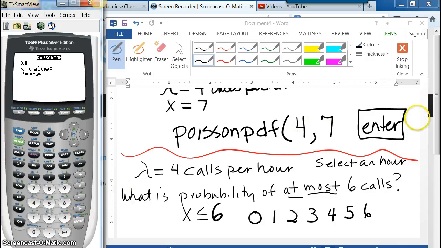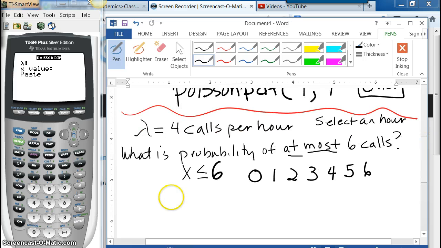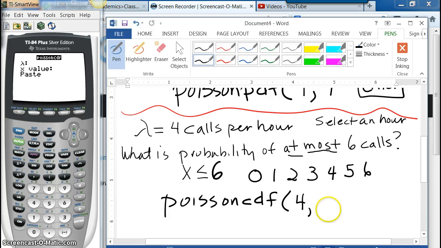And again, some of the calculators will look like this. And if so, you want to type in your average first, your lambda first, and then you want to type in this number. What the CDF will do is it'll put in the 6, and then it'll do the 5, the 4, the 3, the 2, the 1, the 0, and it'll accumulate it all for you in one big step.